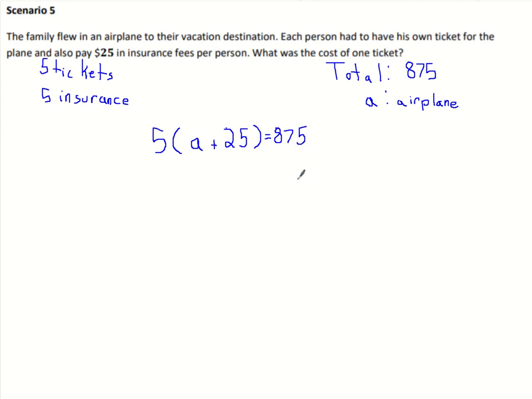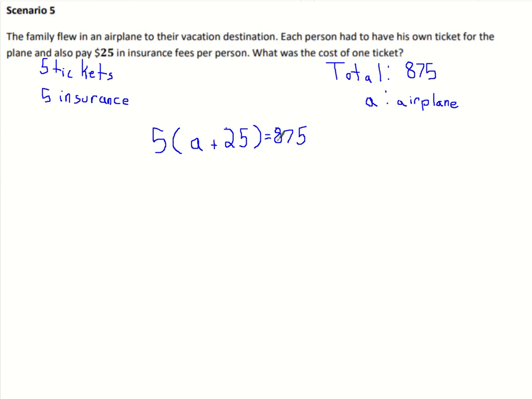Last time we solved this using the distributive property back up in scenario 3. This time I'm going to use the "let's divide first" method just to make sure you are exposed to both. Since everything on the left side is being multiplied by 5, I have 5 times the cost for one person is equal to 875.